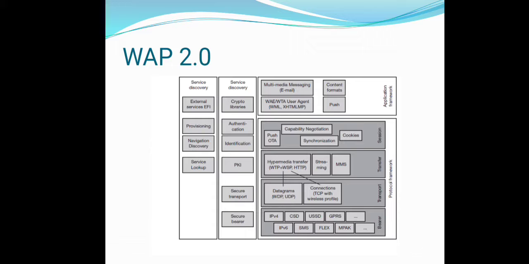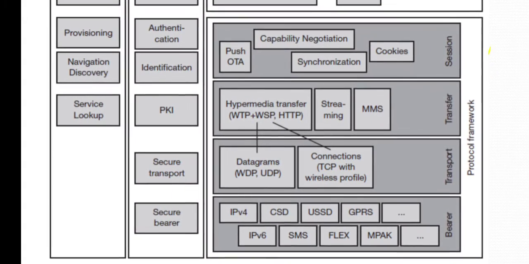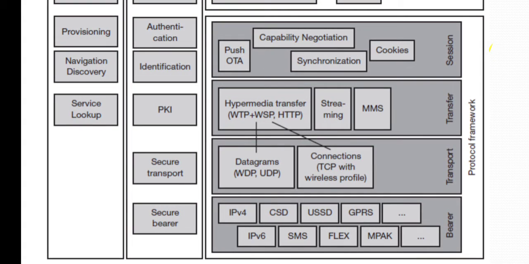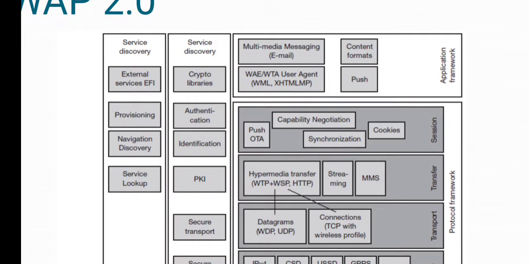The protocol framework consists of the following four components: the bearer networks, the transport services, the transfer services, and the session services. It also includes the application framework and the service discovery. So we will discuss these.